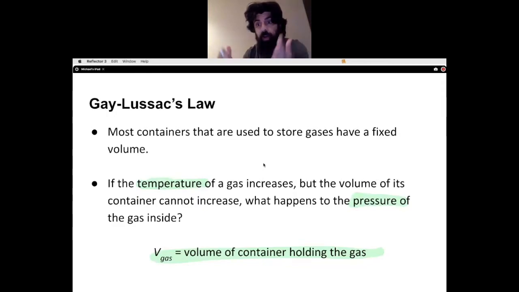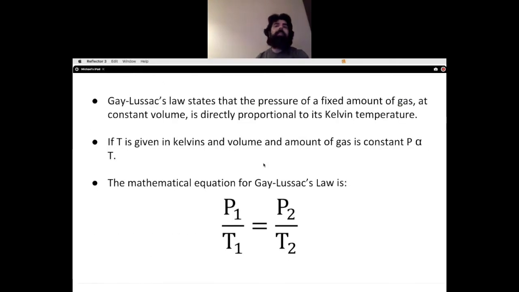The volume was whatever the container is, and that volume isn't changing. The container is a set shape with a gas in it. We're going to exert pressure on it, but we're going to change the temperature. How is the pressure going to change? And so he's come up with the following equation.